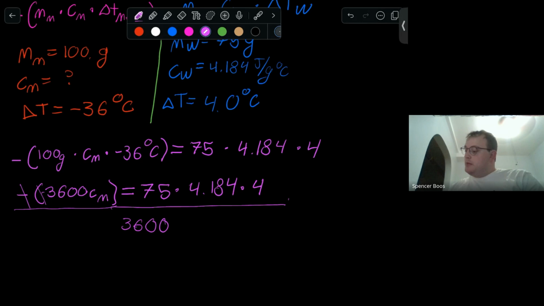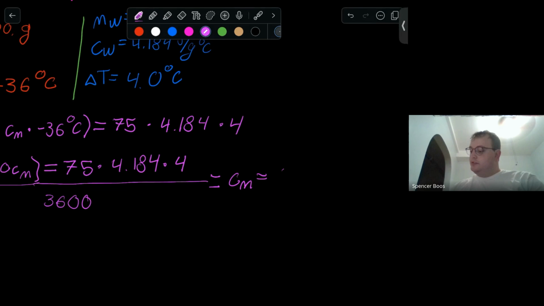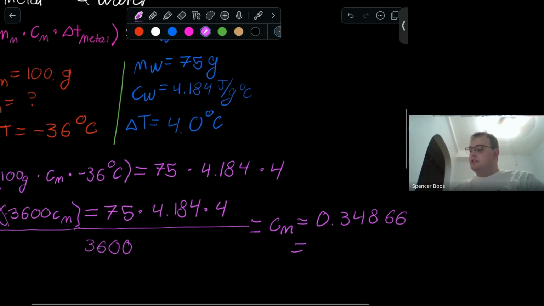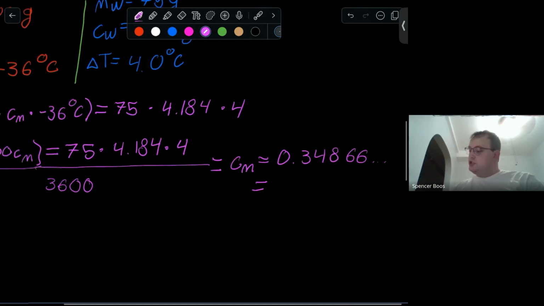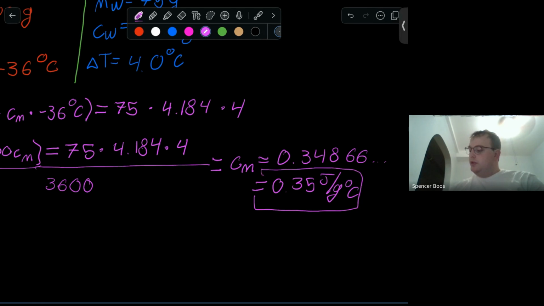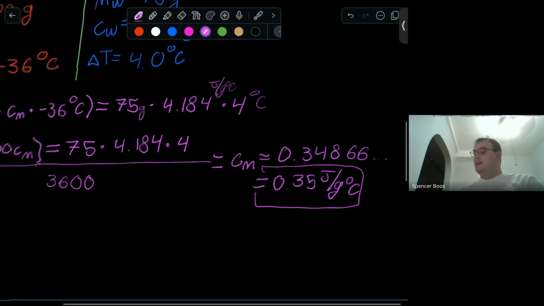And we get that this metal has a specific heat, Cm, equal to 0.34866... But when we round to sig figs, looks like we need to round to 2 sig figs: 0.35 joules per gram degree Celsius. Don't forget your units in your answer as well. And that would be our final answer.